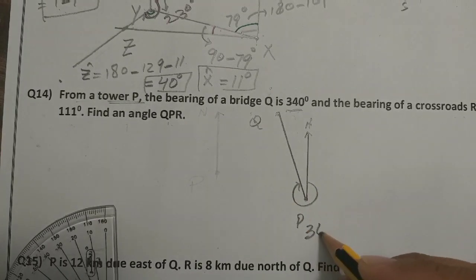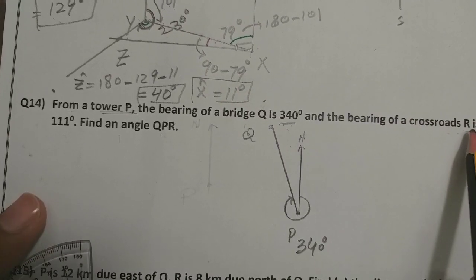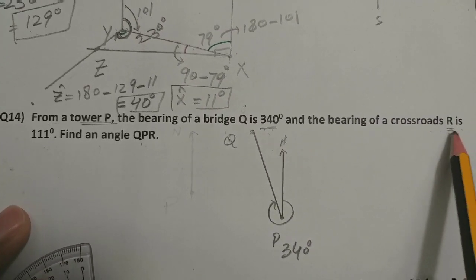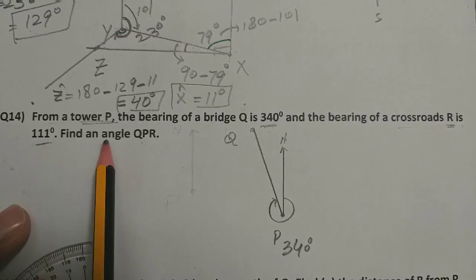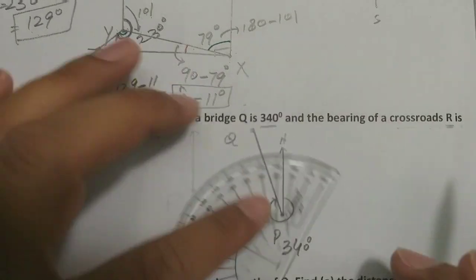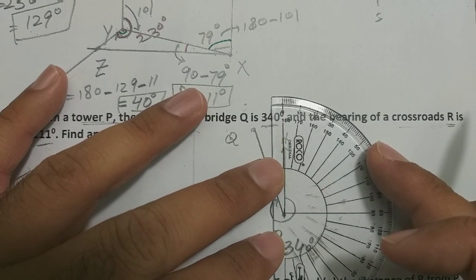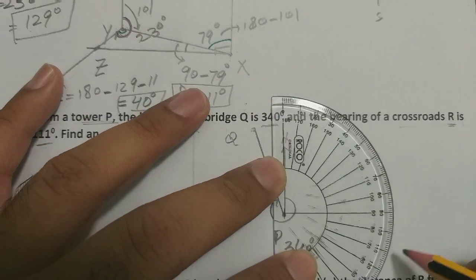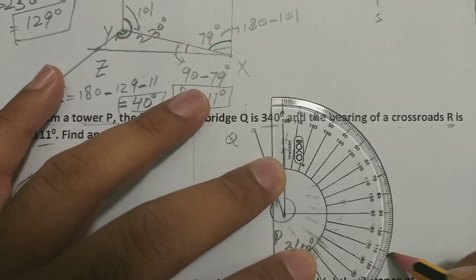This is 340 degrees. Now in the second part he said that R, the crossroads, is at 111 degrees. So again from the same point we have 111, somewhere here.